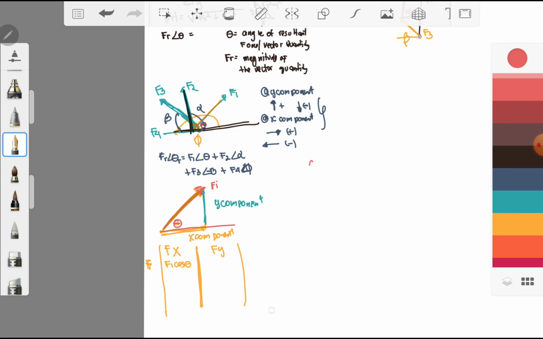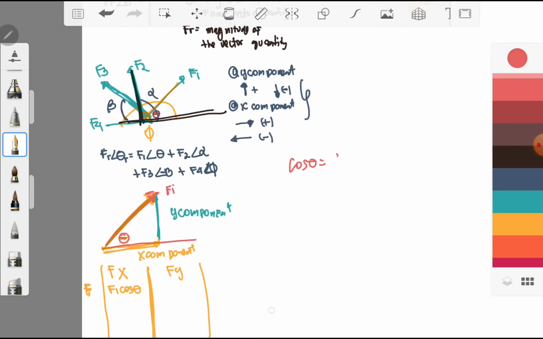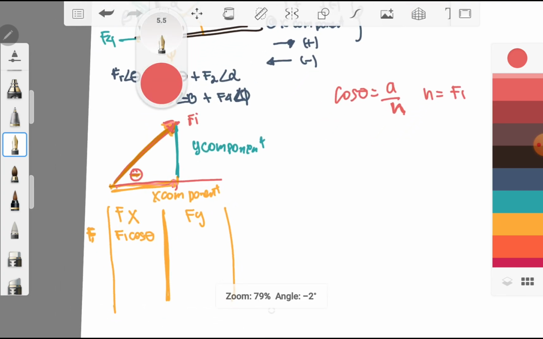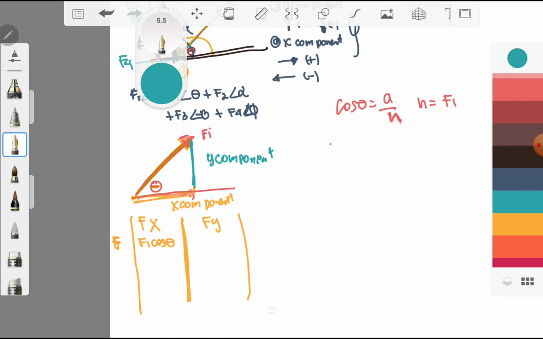So cosine theta is equal to adjacent over hypotenuse. My adjacent is unknown, and I have my hypotenuse, which is equal to my F1. And then for our y, we use sine theta, so opposite over hypotenuse.